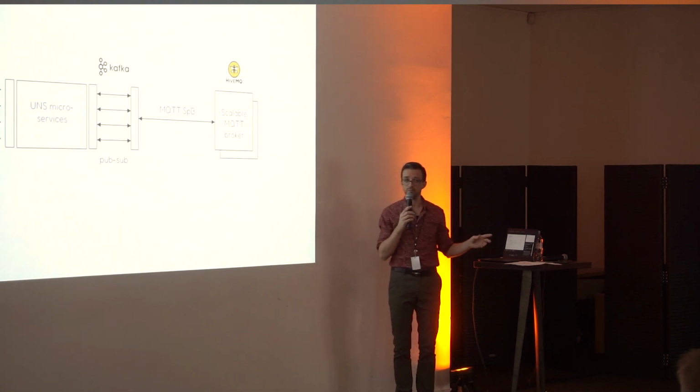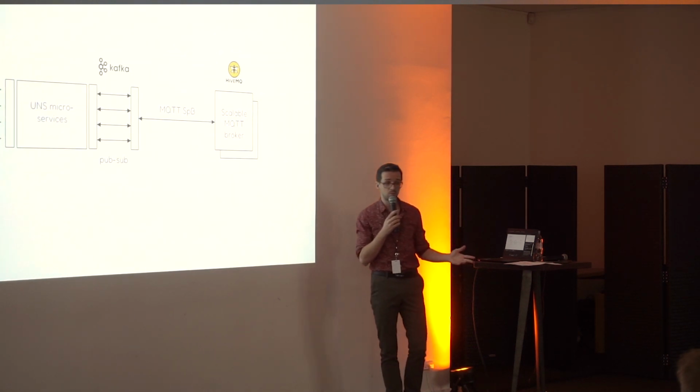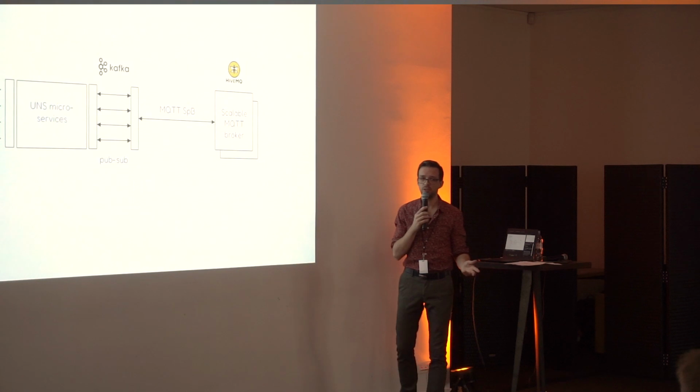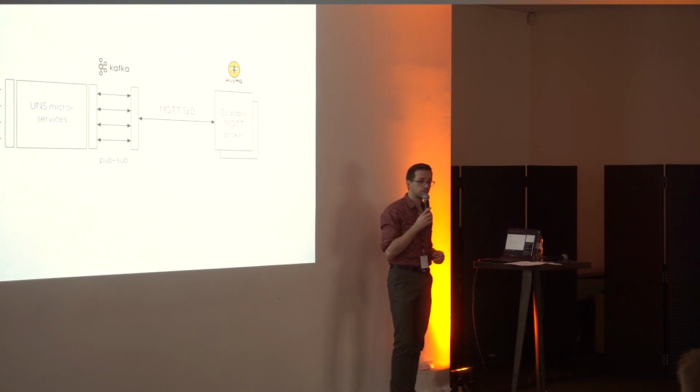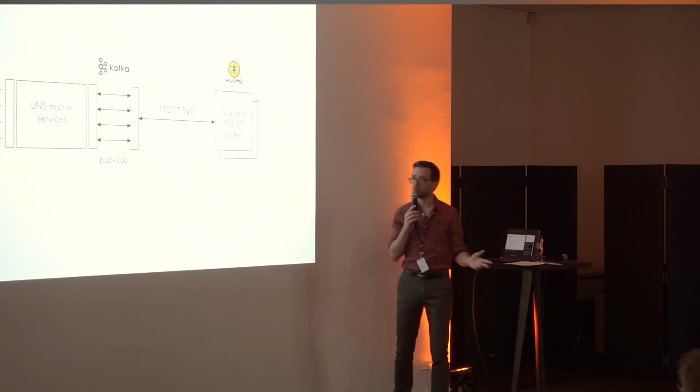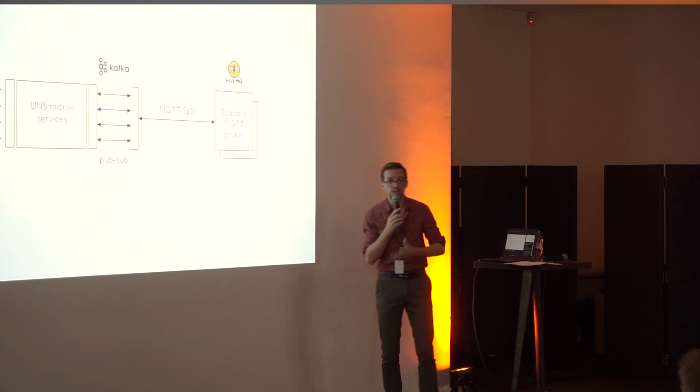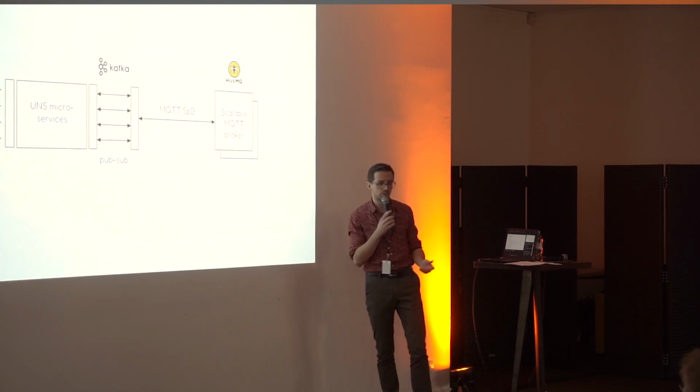Anyway, why MQTT Sparkplug B? Because, of course, the birth and death mechanism is very powerful. Also because MQTT is light on bandwidth, of course.